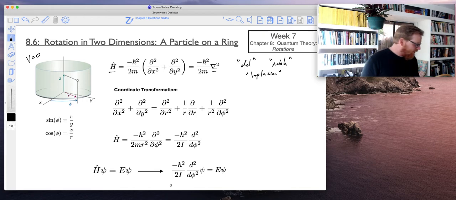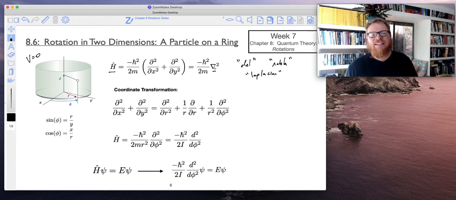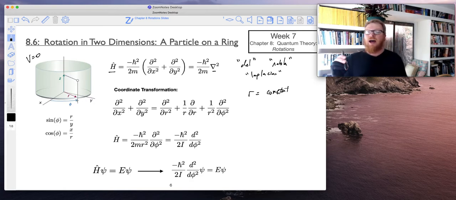Okay? So now this is where it does get a bit nasty at first, as you see where this is going, because we need to transform our xy space into r, theta, phi space. For now, this is not so bad at all, because for one, r is constant. We're just going to allow for one single radius. We're not going to allow the particle to move in and out from the origin.